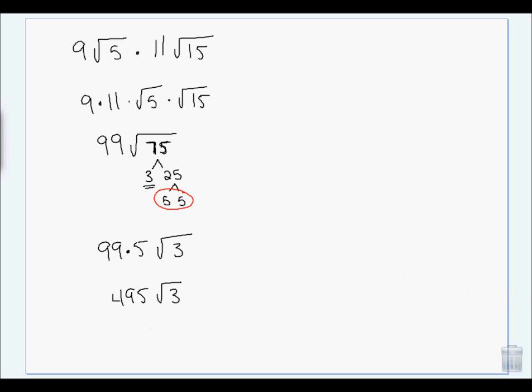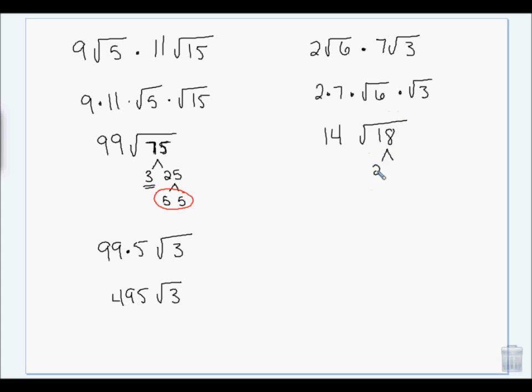Okay, and we'll do one more like this. Okay, so 2 times 7 and then the square root of 6 times the square root of 3. 2 times 7 is 14. 6 times 3 is 18. 18 is 2 times 9.